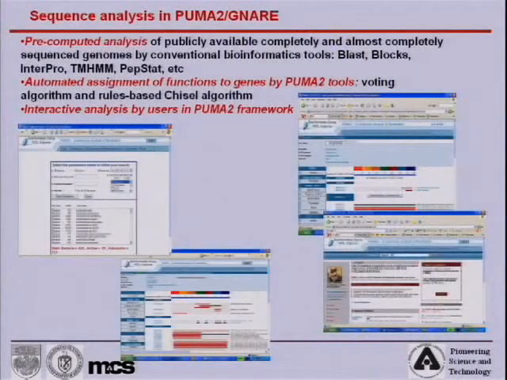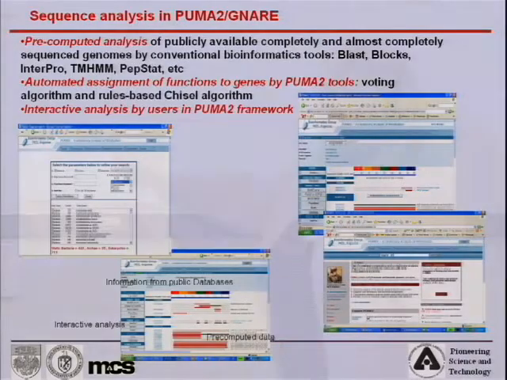So this is how sequence analysis is done and presented to the user in PUMA and NAIR. So you have information from public databases integrated in the header. You have pre-computed data on the right side of the slide, and it shows the similarity searches.